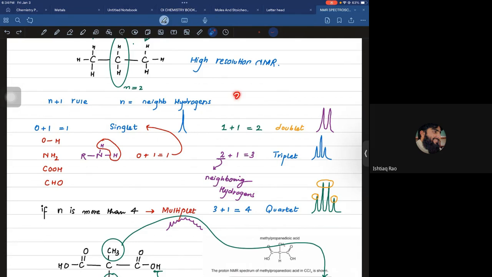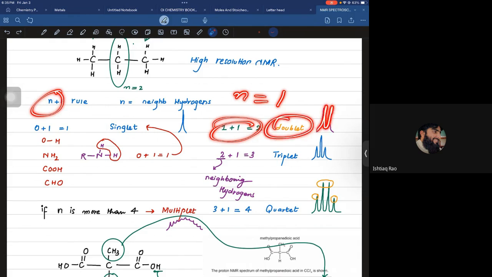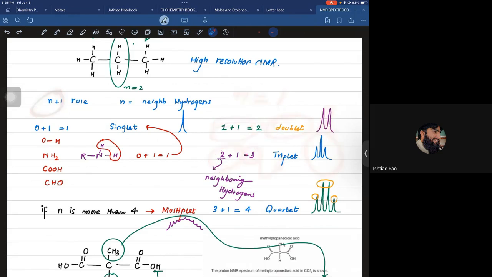But if n is equal to 1, so n plus 1 means 1 plus 1, that would be equal to 2. It would give you a doublet just like that. And if n is equal to 2, like there are 2 neighboring hydrogen atoms, so n plus 1, 2 plus 1 is 3, it would give you a triplet. And if the neighboring hydrogens are 3, so 3 plus 1 would be 4. 4 is a quartet, just like that.